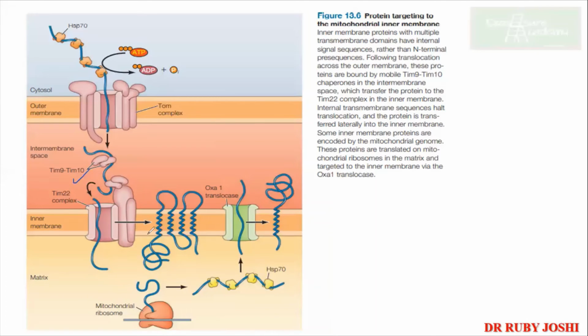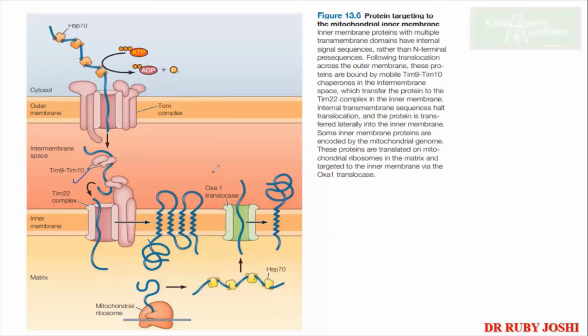Once it gets in, depending upon whether it is a single protein or a multi. So a single protein would require the residence of HSP70 because once it gets into the matrix, it shouldn't be folded. So HSP70 makes sure that it is unfolded, and then it would be directed into the OXA1 translocase, and that is how it is pushed into the inner membrane space. Whereas the TIM22 complex would directly push those multi-traversing proteins into the inner membrane space.